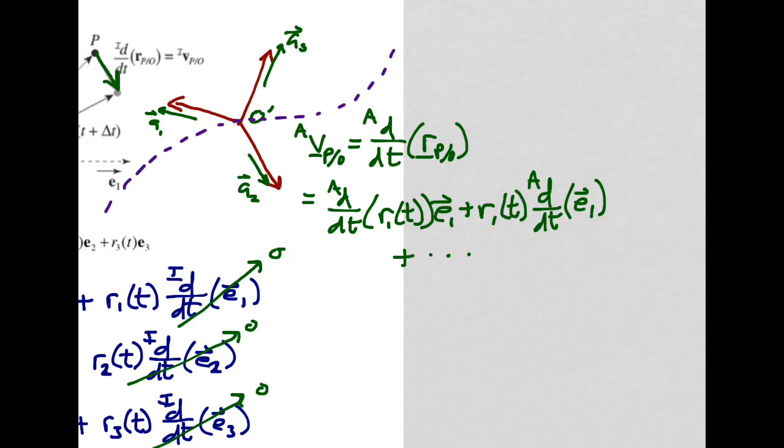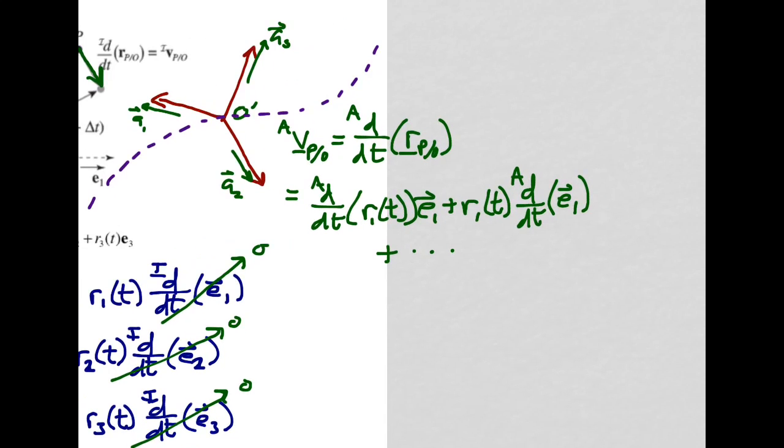We just got rid of it because the time derivative of the basis vector as observed in the inertial reference frame was 0. But observe that for this first line we can still do the same thing, in which we get the scalar r dot multiplied times the e1 basis vector.